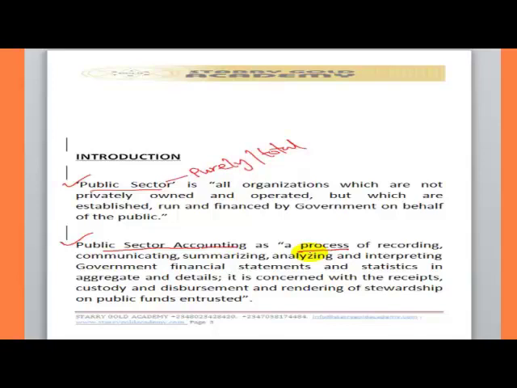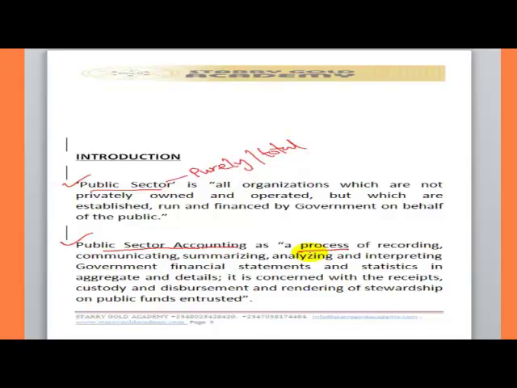It is a process, a science of processing information, communicating it, summarizing, analyzing and interpreting it, in aggregate and in detail, for the benefit of using it to make informed decisions.